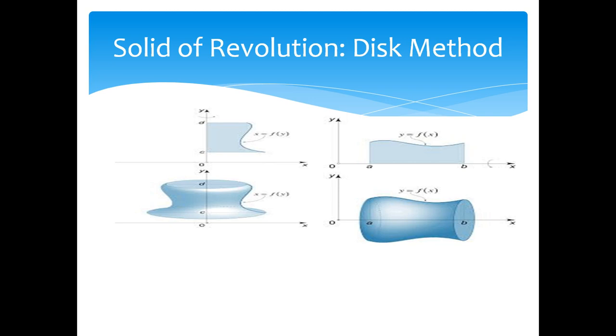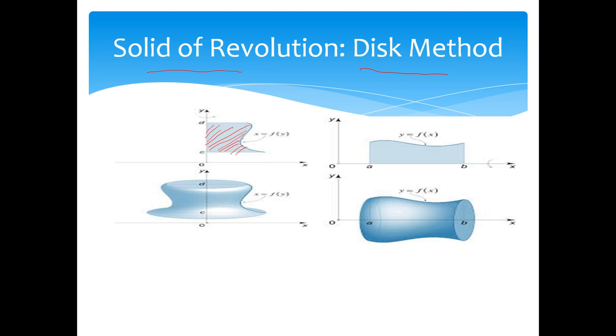So first, what is a solid of revolution and what is the disk method? Well, a solid of revolution is like this region here. If we rotate this region around the y-axis, we form this shape.